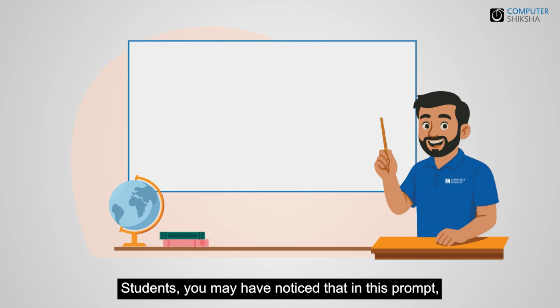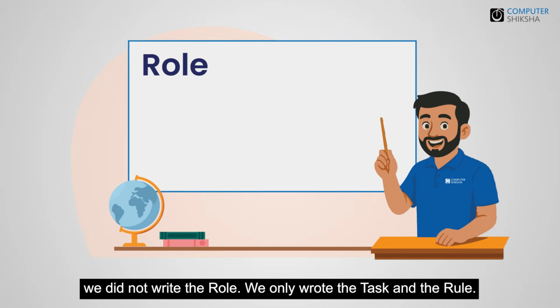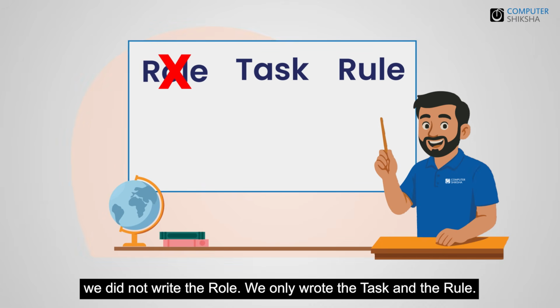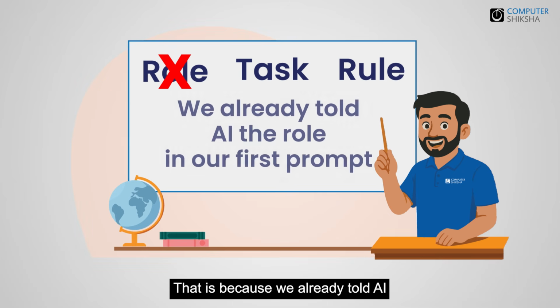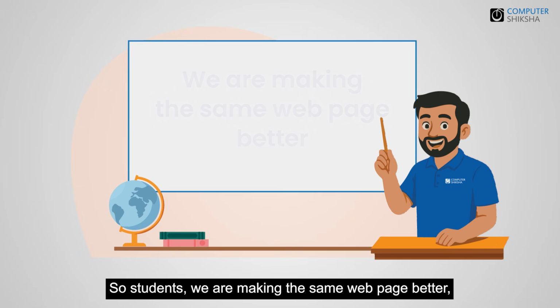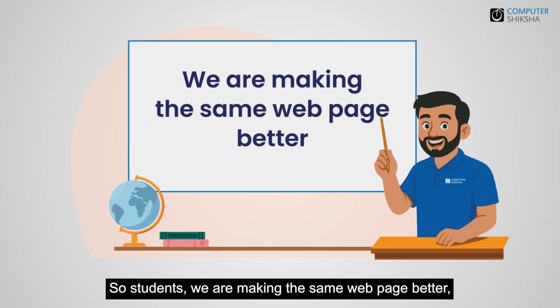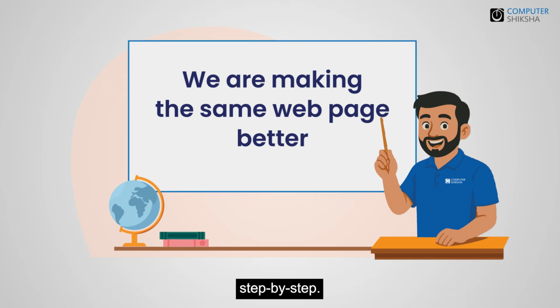Students, you may have noticed that in this prompt, we did not write the role. We only wrote the task and the rule. That is because we already told AI the role in our first prompt. So students, we are making the same web page better, step by step.